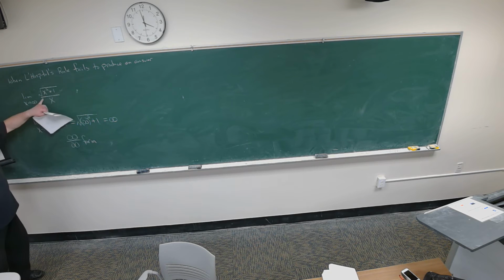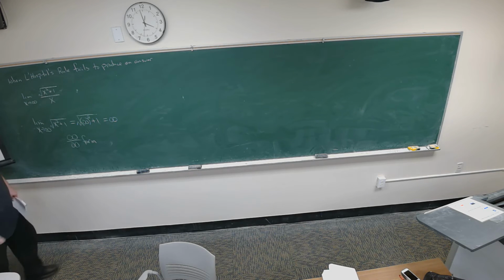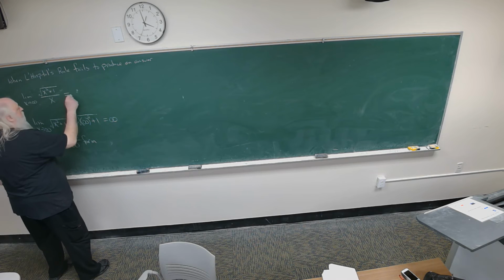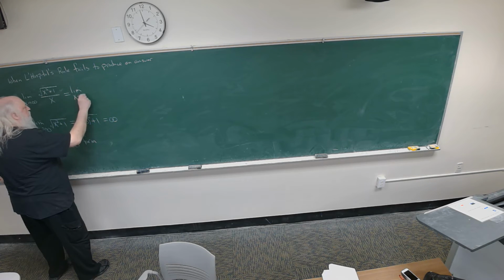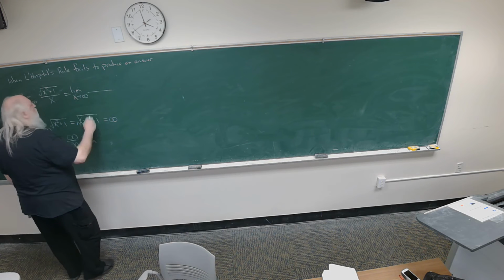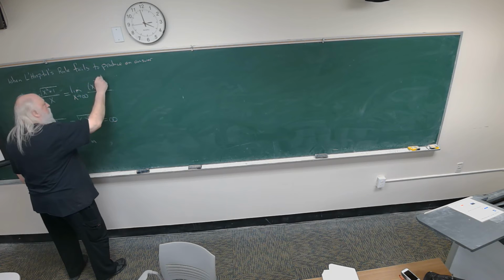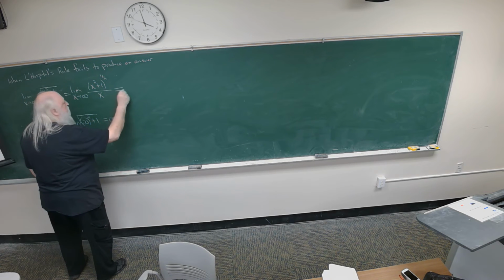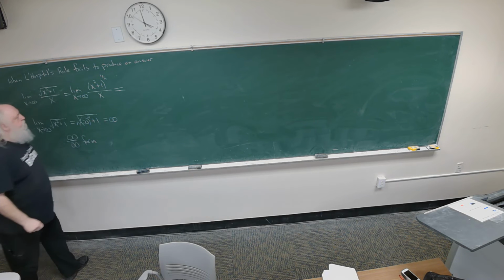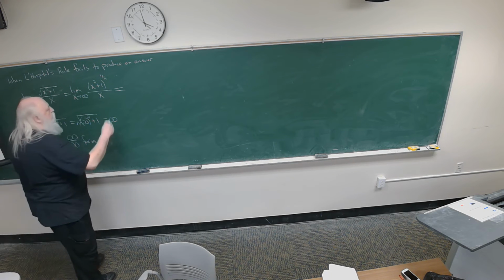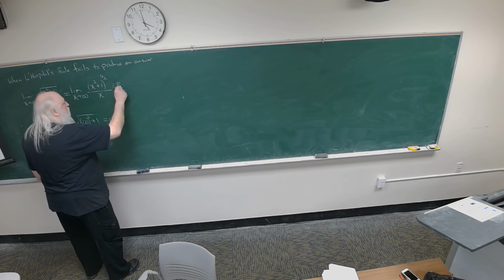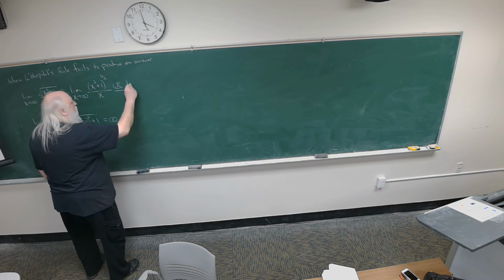But before I differentiate the numerator, I have to rewrite it. This is equal to the limit as x increases without bound of x squared plus 1 to the 1/2 over x. Now, applying L'Hopital's rule, I can differentiate the numerator and the denominator.